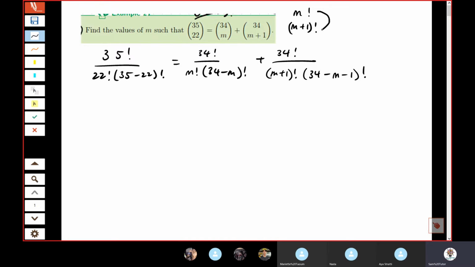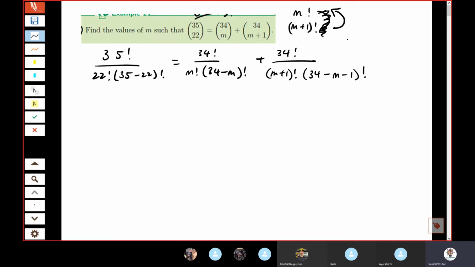Are you going to move this one to this, or this one to this? You're going to reduce m plus 1 factorial. Everybody else agree? We're going to move from m plus 1 factorial to m factorial. Do we agree or not sure?